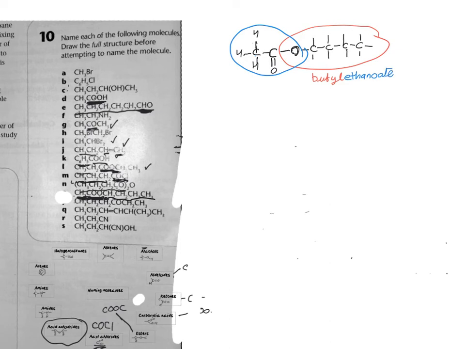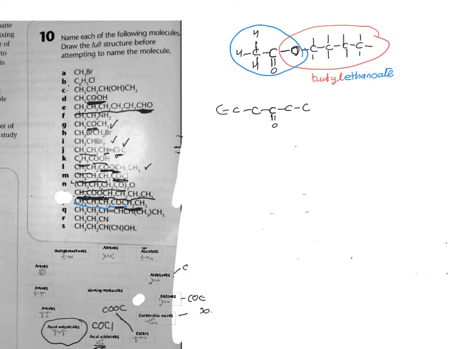Let's now look at this molecule here. It's a COC, which we know is a ketone. So again, we'll draw the C double bond O first with 2 carbons around it. And before the CO is 1, 2, 3 carbon atoms, and on the other side of it is 2 carbon atoms.